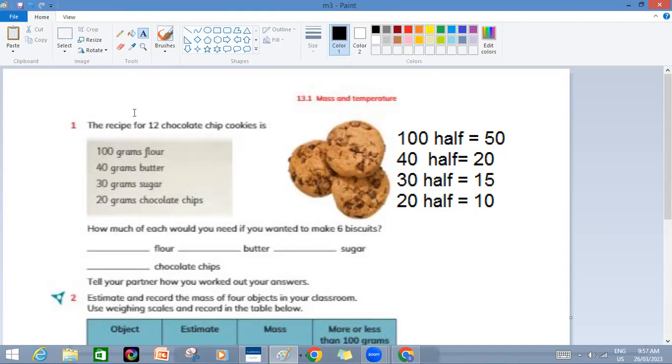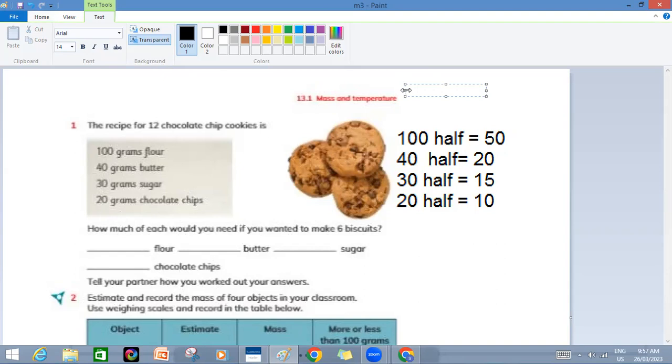We take half of each thing because half of 12 equals 6.